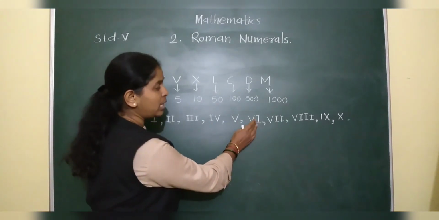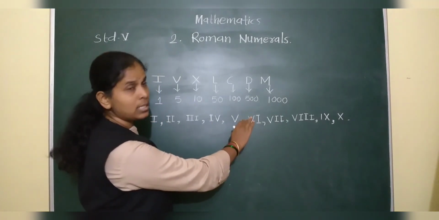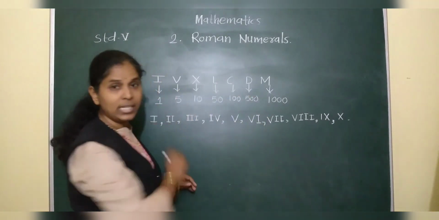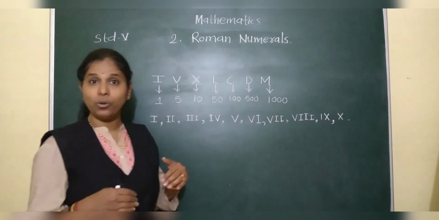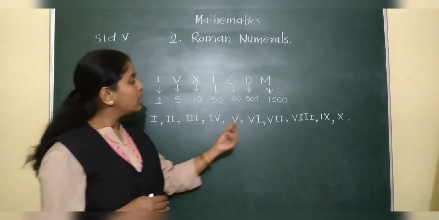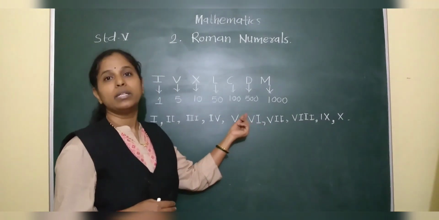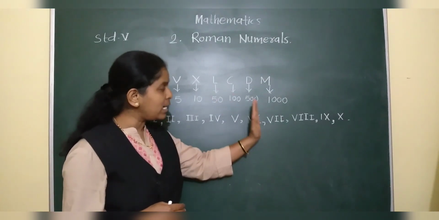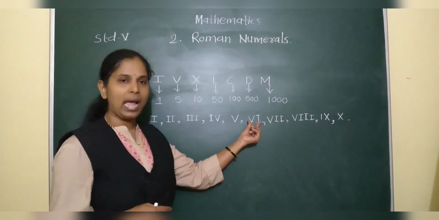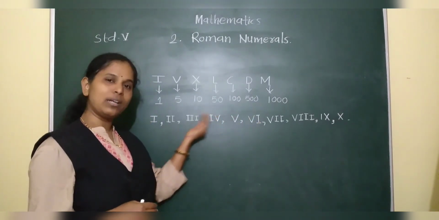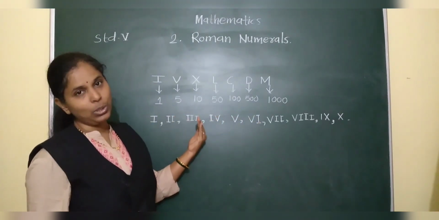Because this smaller numeral is on the right side of the greater numeral. So from this what do we understand? Whenever the smaller numeral is to the right side of the greater numeral, in that case we have to do addition. And if it is to the left side, we have to do subtraction.